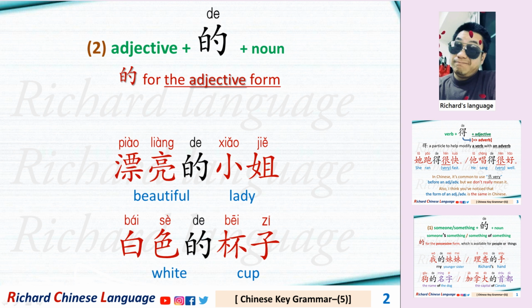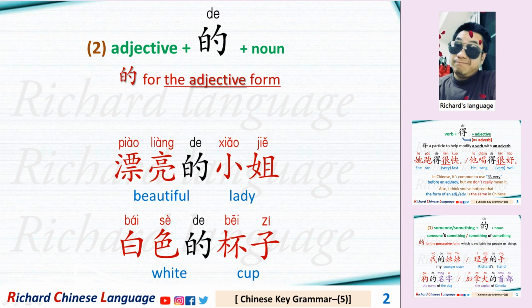The second usage of 的 I'm going to talk about is the adjective form. You just use an adjective plus 的 and then plus a noun.